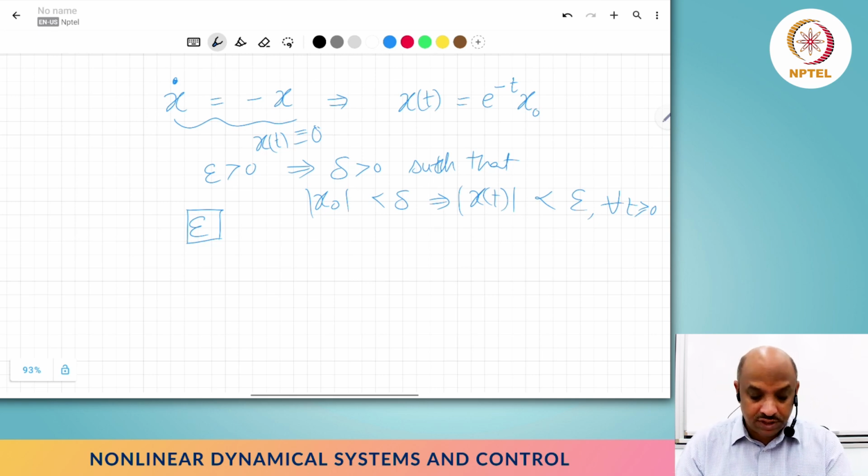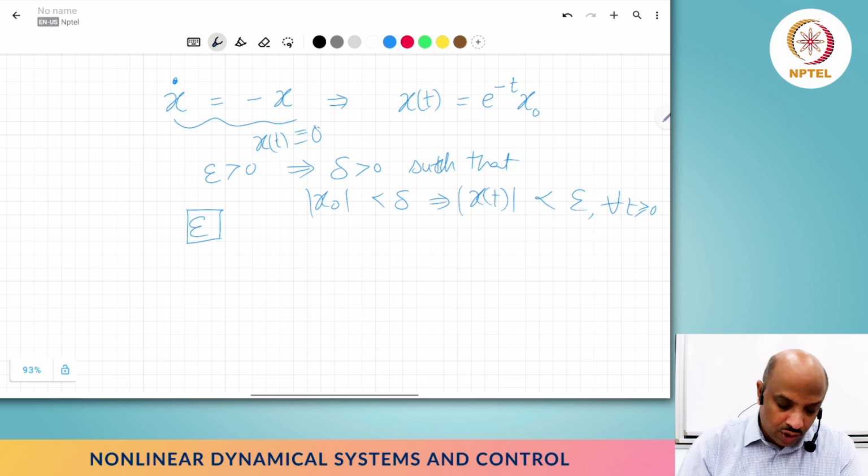The problem always exists when epsilon is very small. However small I pick epsilon, can I find a delta? So I'm going to let this delta be exactly equal to epsilon.